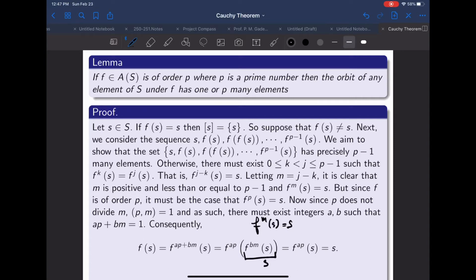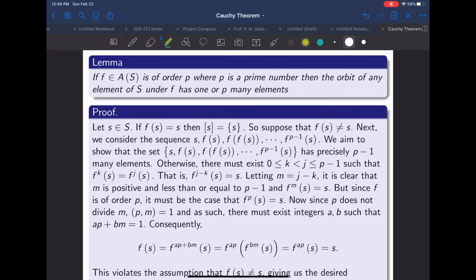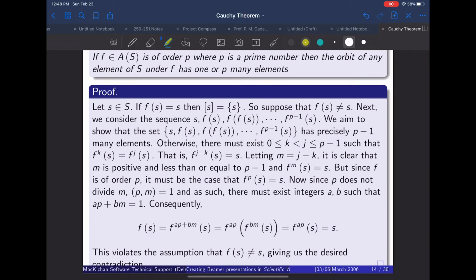But then this here has to be s. Why? Because we know that f^p of s is s. So far what we have obtained is that f of s must be s, which contradicts the assumption that f of s is not equal to s. All right, so this violates our assumption and this gives us the desired contradiction.